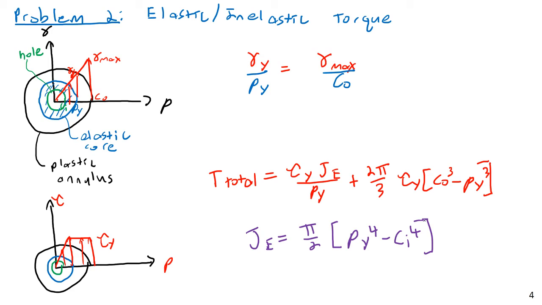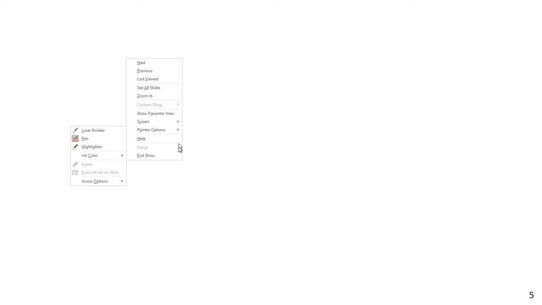Okay, so now that I've described all this in depth, let us look at a problem. The problem is as follows. Given a solid circular shaft, so it's going to be a little bit easier because there's no hole. Not a solid rigid shaft, a solid circular shaft.